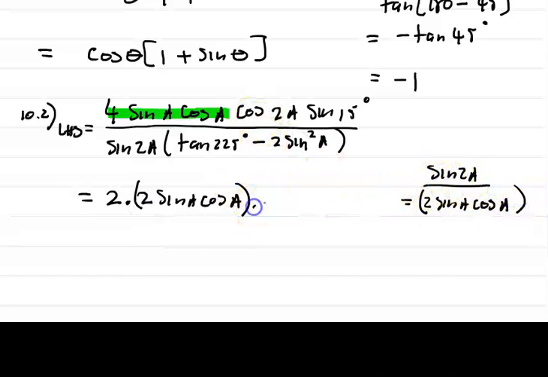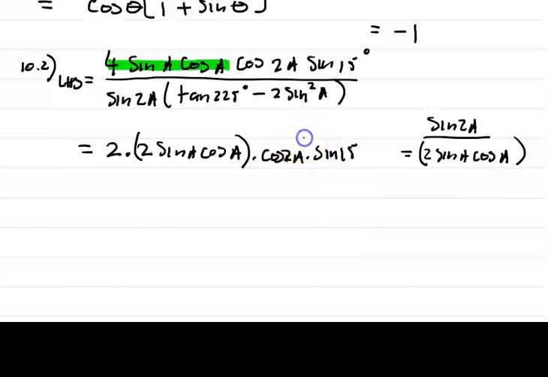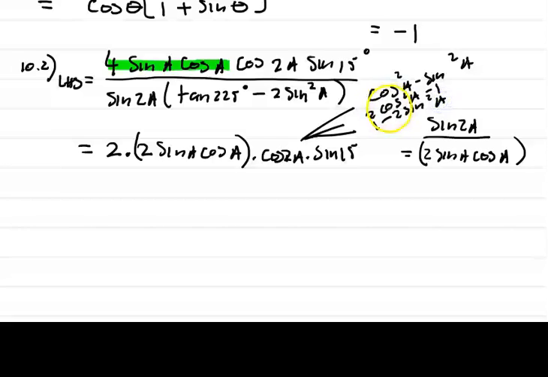Now cos 2A, I'm not going to change cos 2A as yet. Now, what's the reason for that? Because remember, cos 2A has 3 expansions, which is cos squared A minus sine squared A, 2 cos squared A minus 1, and also 1 minus 2 sine squared A. So there's too many to choose.